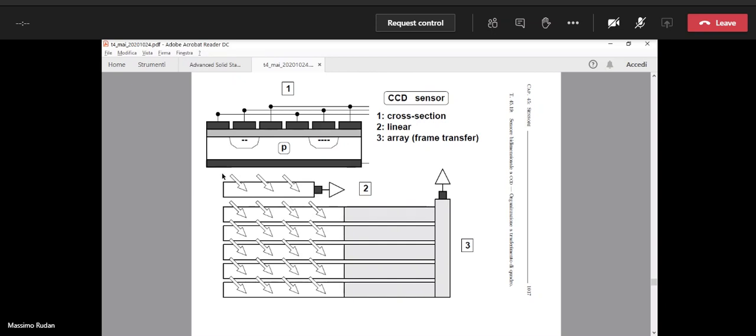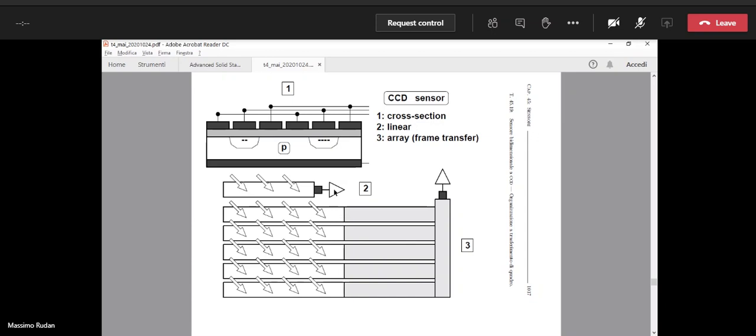And this triangle on the right is the reading circuitry, the place where the charge packets exit the CCD and are read and transformed into an electric signal.